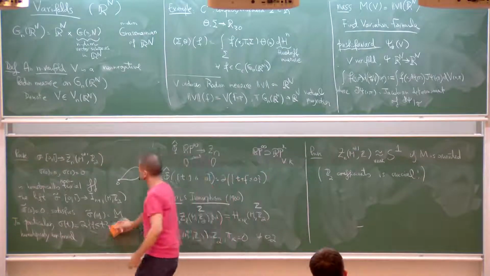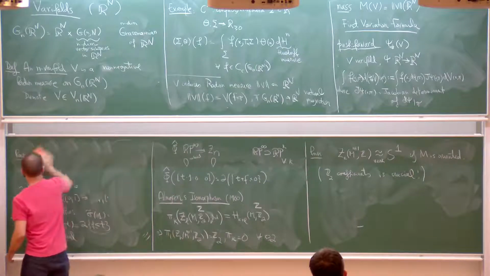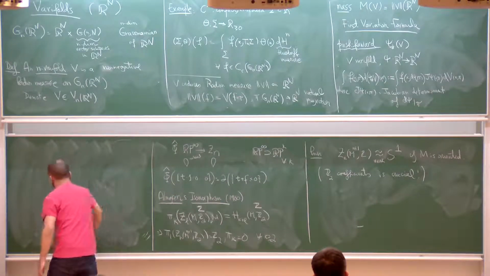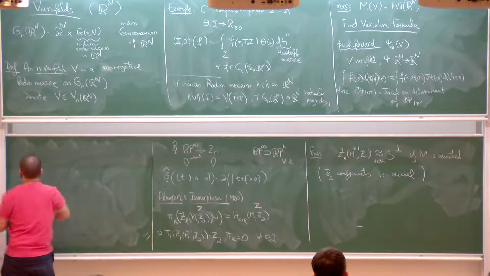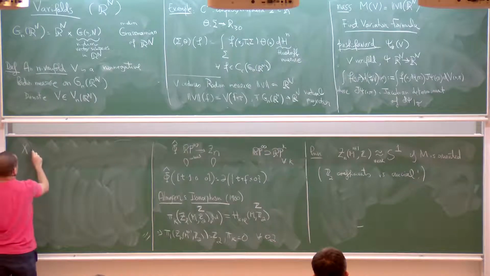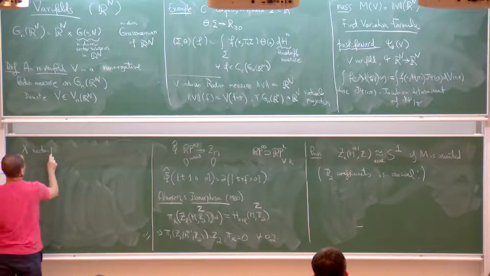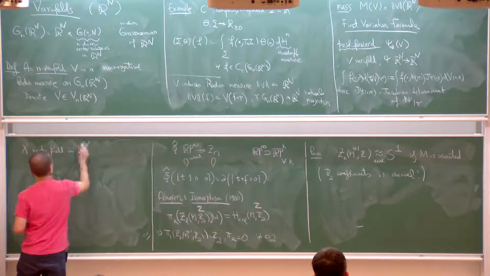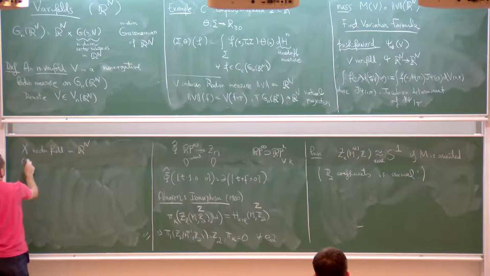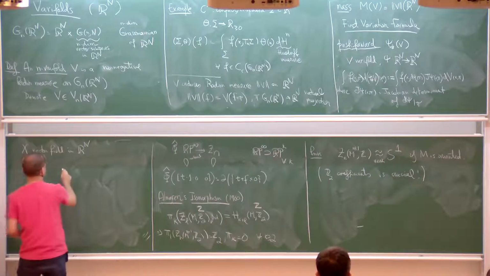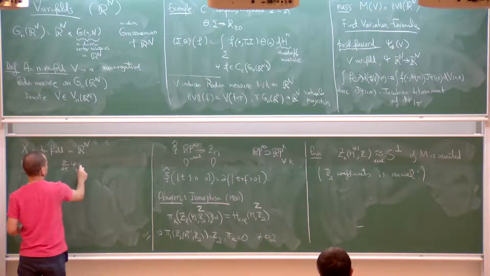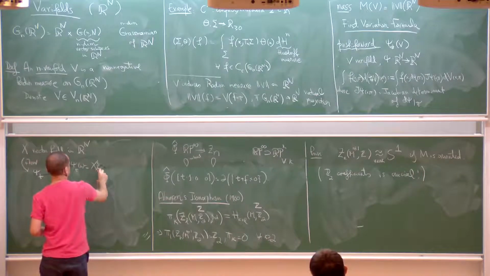Now, if you give me some vector field X in Rn, I can consider its flow psi t. This is defined by the following ODE, a standard thing.